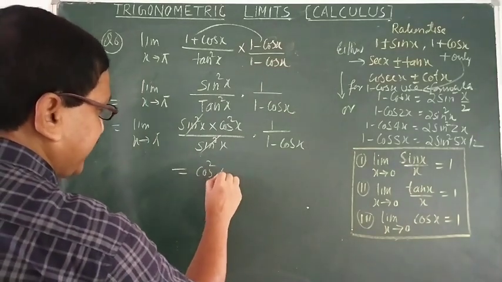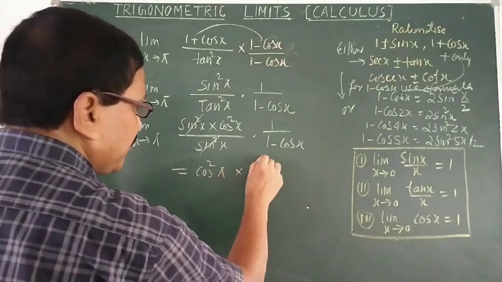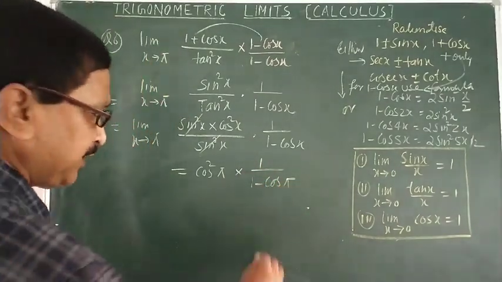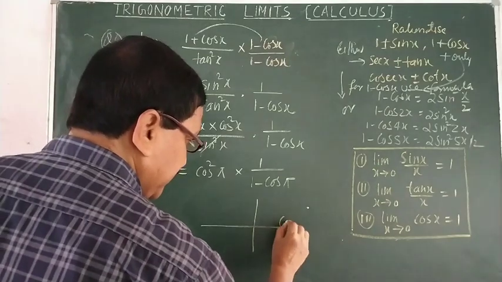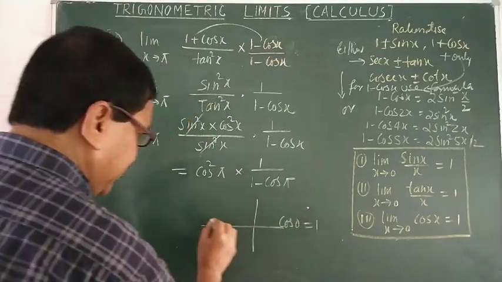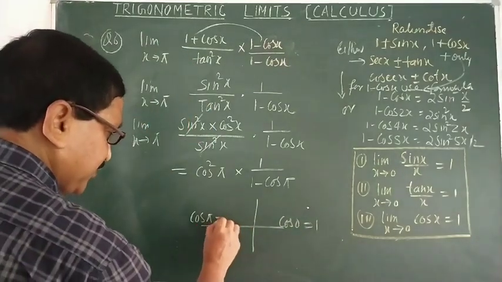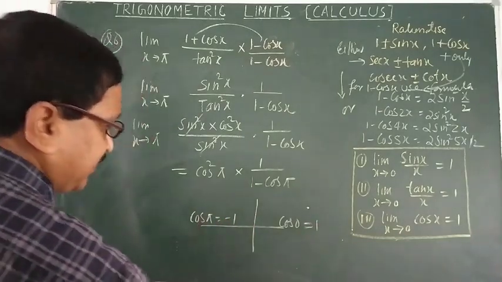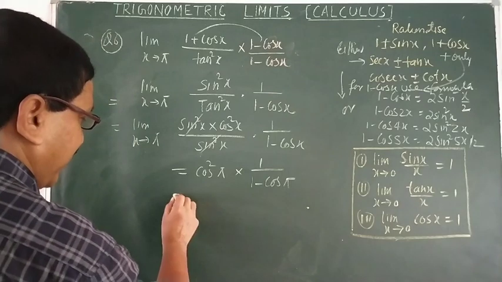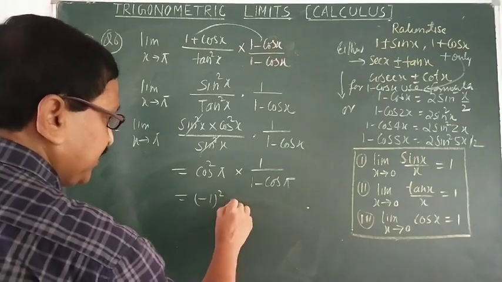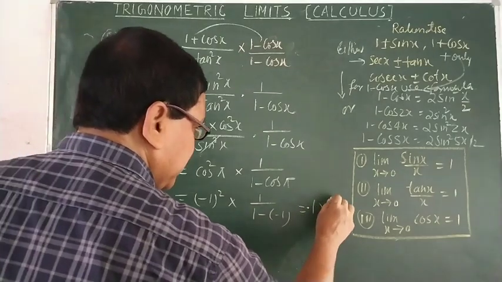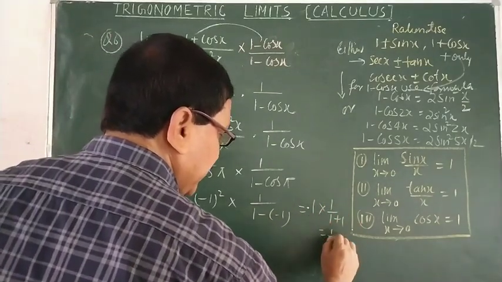Cos square pi into 1 by 1 minus cos pi. The students, cos 0 is equal to 1. Cos pi is equal to minus 1, reverse direction. So cos pi is equal to minus 1. So put minus 1 whole square into 1 by 1 minus minus 1. So 1 by 2 answer.